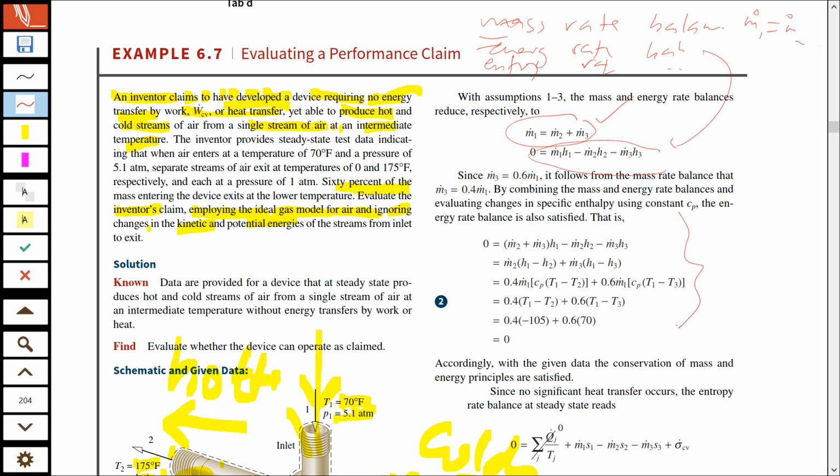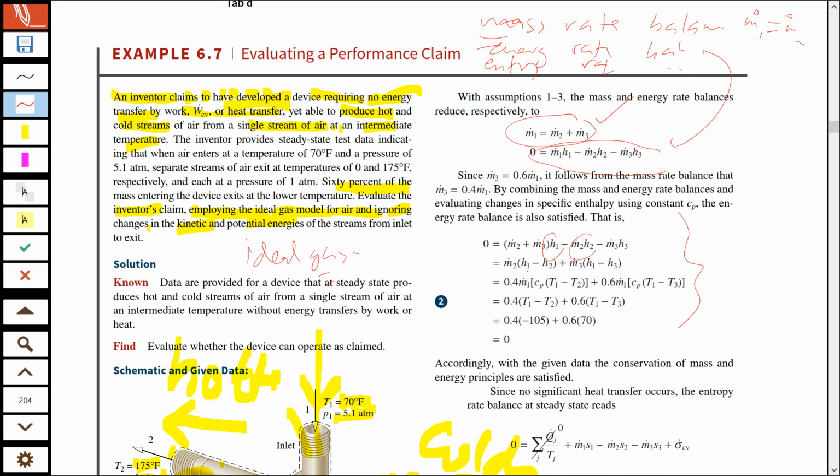You combine these two, and you know that if you assume the ideal gas equation, if you remember chapter 4, the energy rate balance has those enthalpies in it.